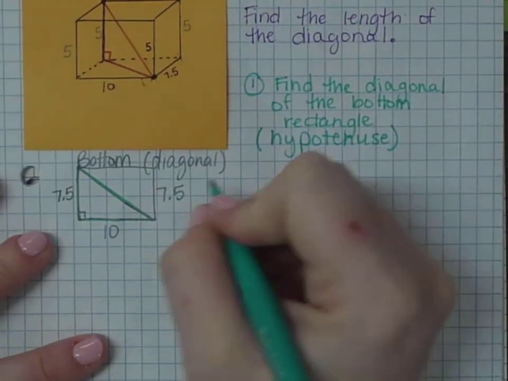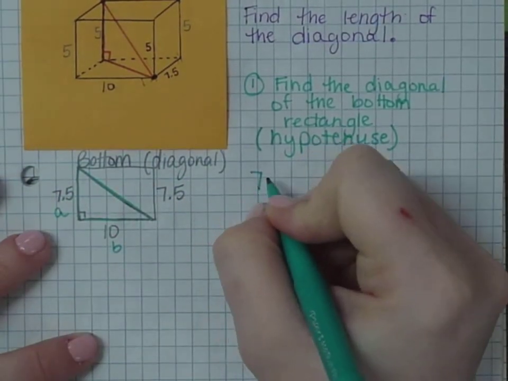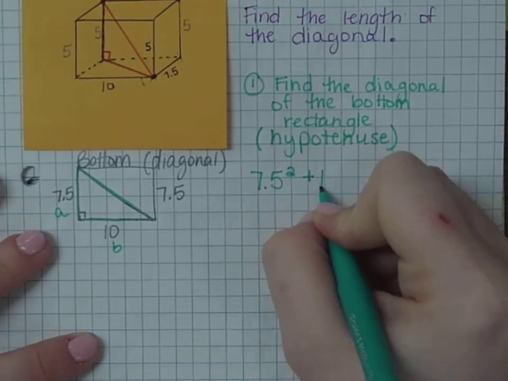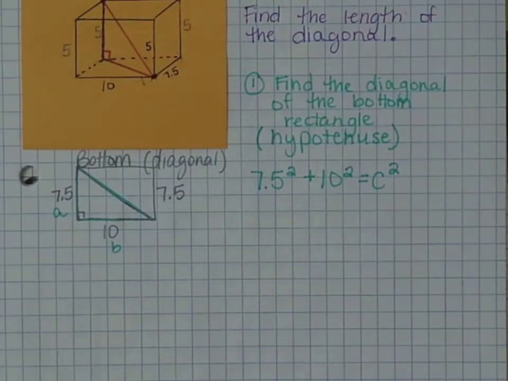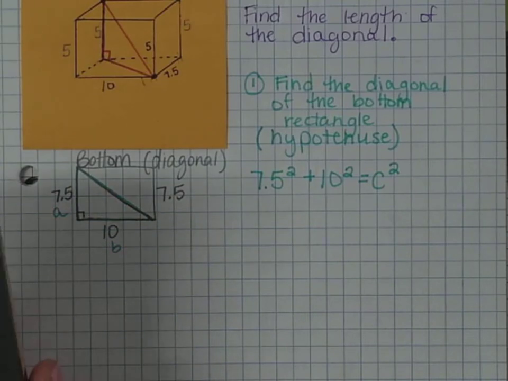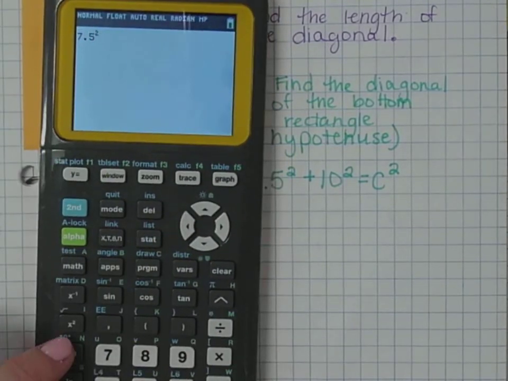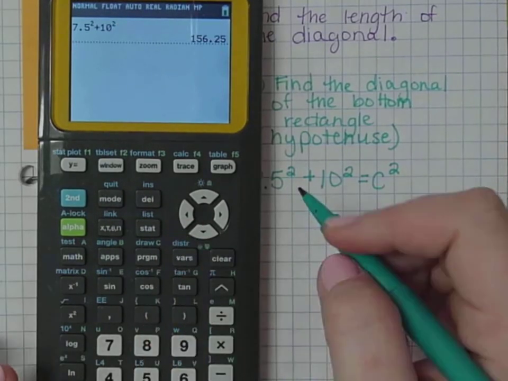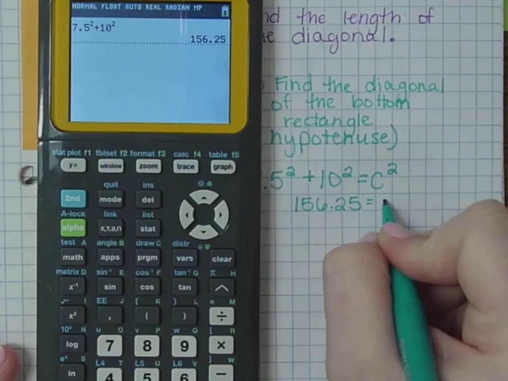So then we're going to use, this is A, this is B, so we're going to use 7.5 squared plus 10 squared will equal C squared. Hopefully you've been doing that enough that you know that. So I do 7.5 squared plus 10 squared is 156.25 equals C squared.